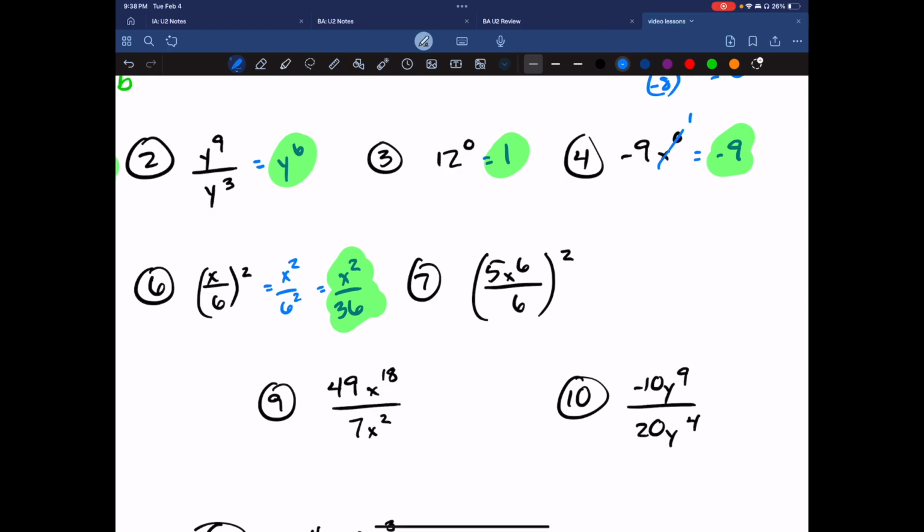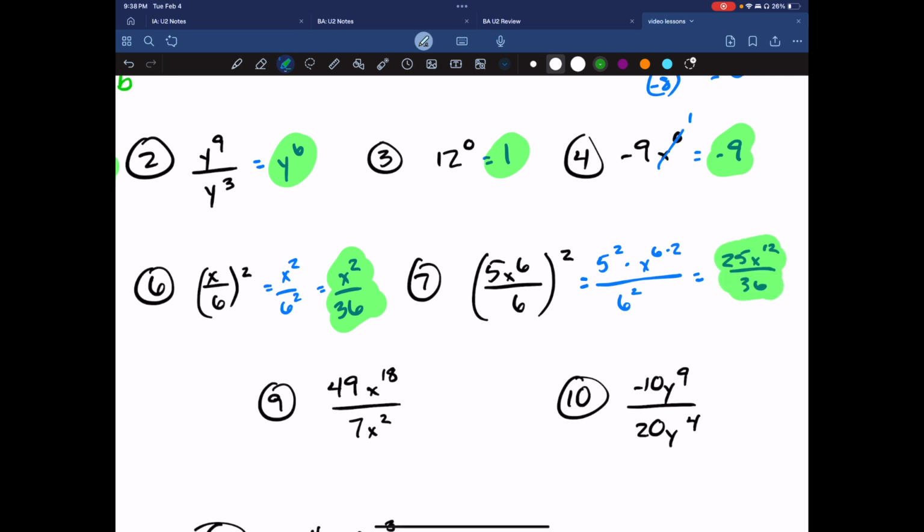Okay, now 7 is a little bit more complicated. It's still doable, right? Here's how we write this. I'm going to say 5 squared times x to the 6 times 2, because remember, when you raise a power to a power, you multiply. And this is 6 squared. Okay, so that's going to be 25 x to the 12th over 36.